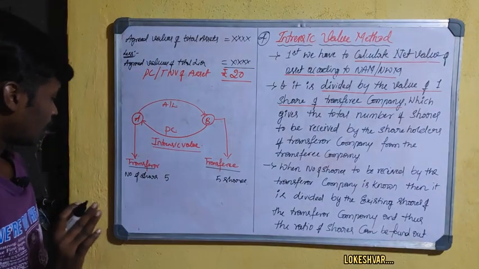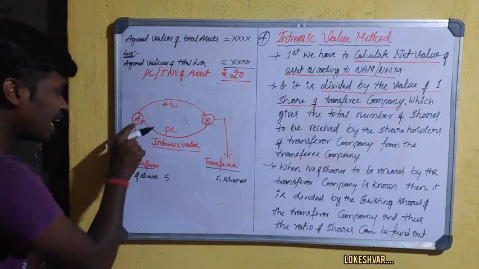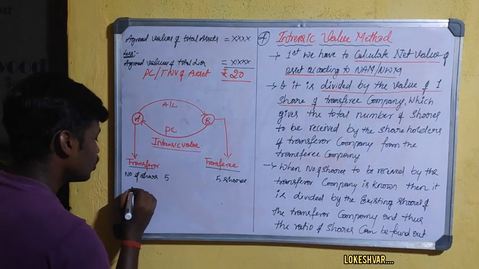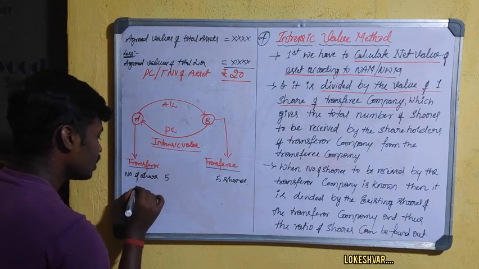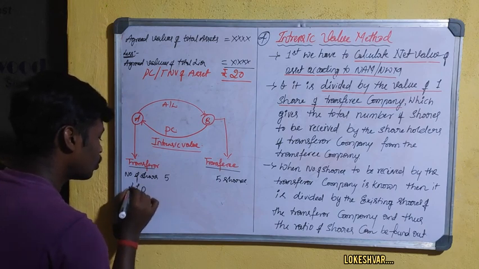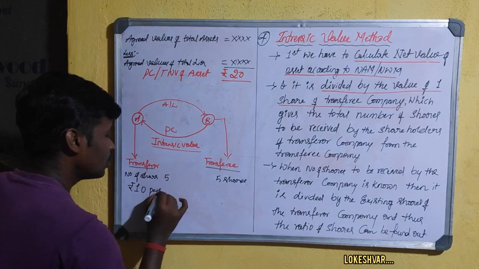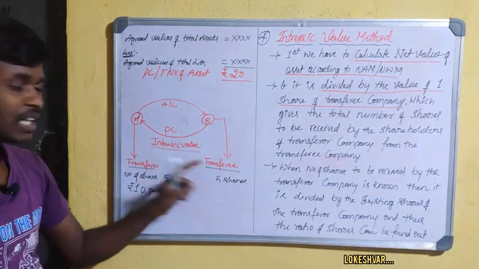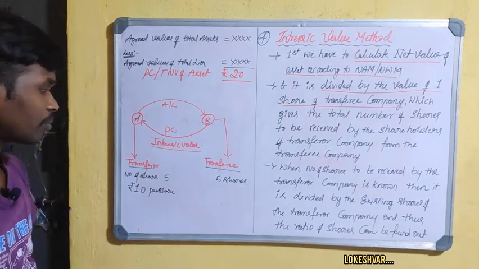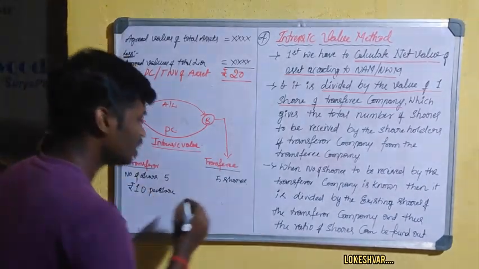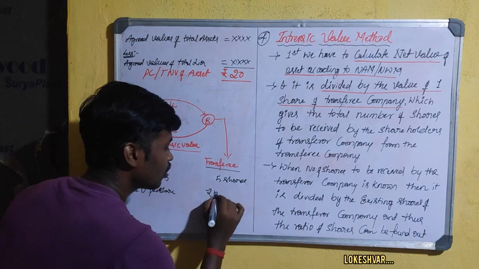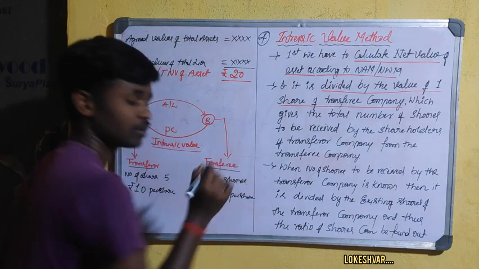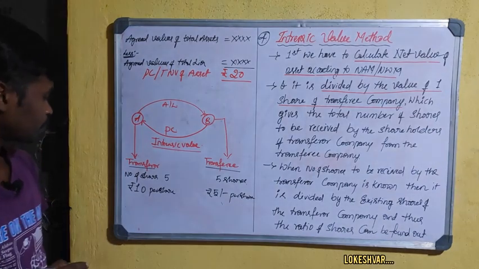Assume in A company the value of one share is rupees 10 per share, and in B company, that is the transferee company, the value of one share is rupees 5 per share.